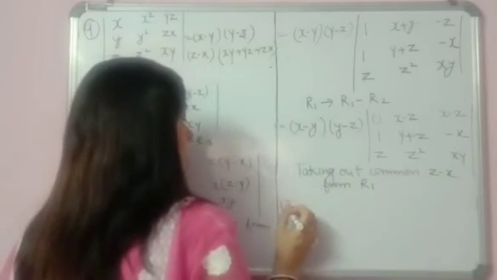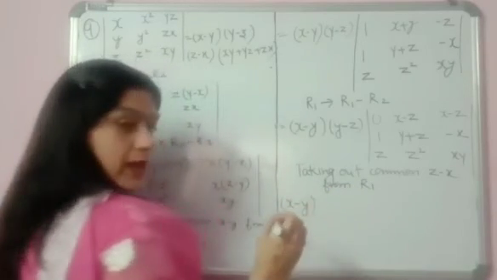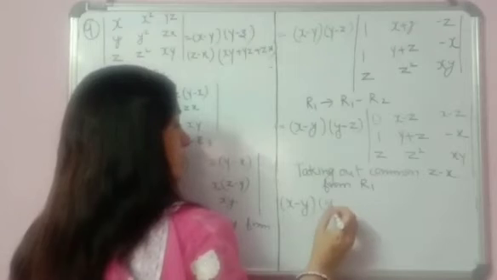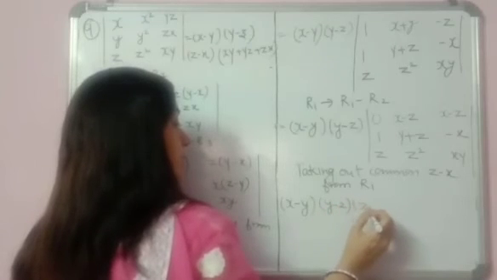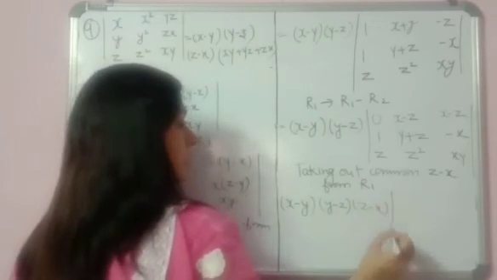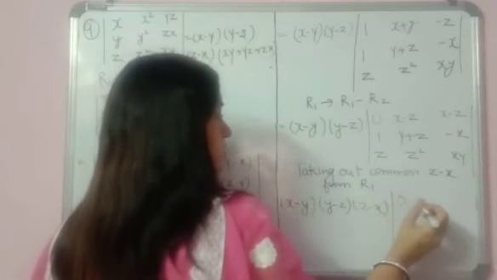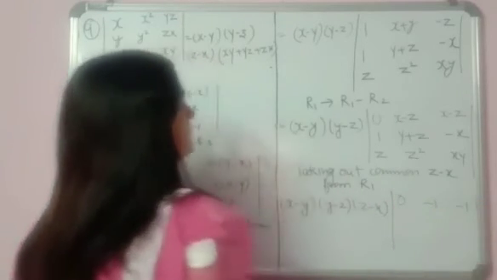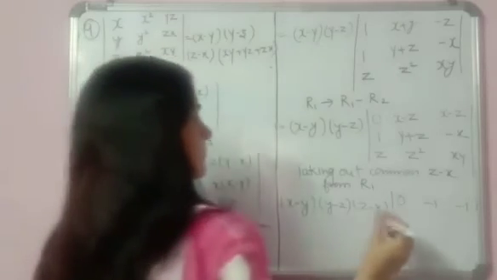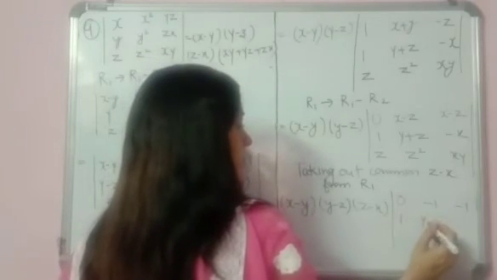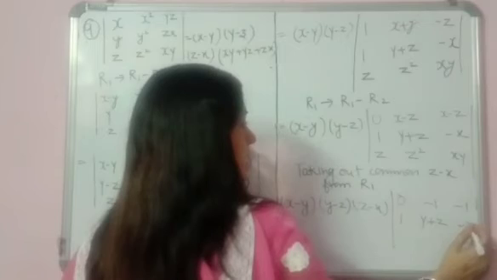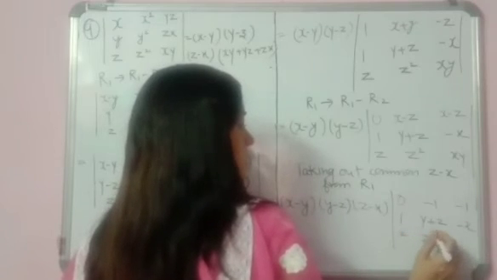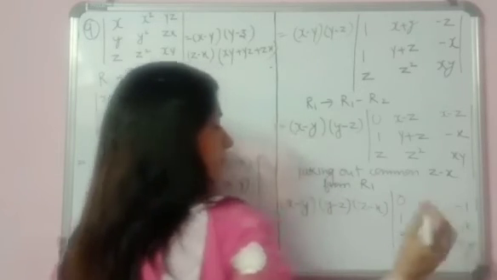So you have x minus y, y minus z and z minus x into, so 1, it will be minus 1, minus 1, 1, y plus z minus x, z square and xy.